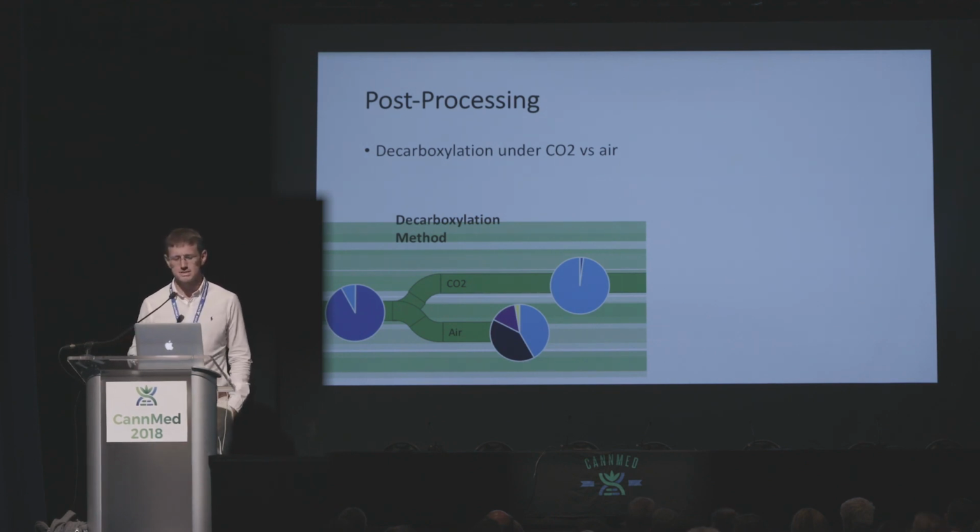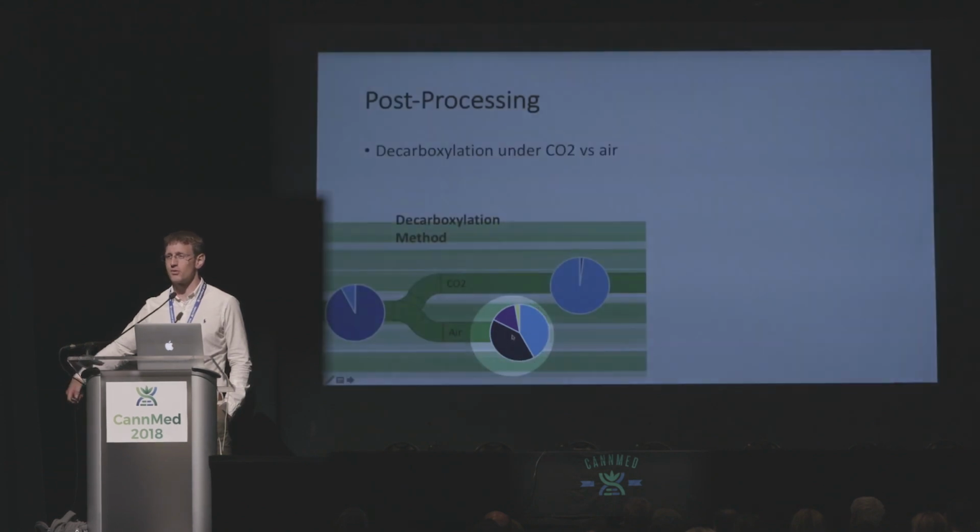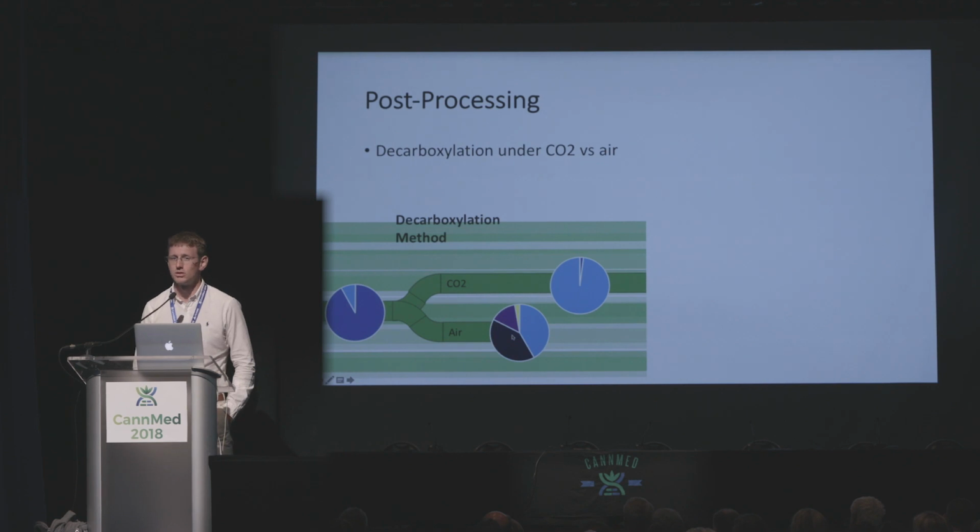But one of the big takeaways was, if you do decarboxylation under air, you have oxygen, you have heat, there's a lot of stuff going on. In my case here, when you do it under air, yeah, you get your THC decarboxylated, but you also get delta 8 THC, there's CBN, and then there is a plethora of stuff that you don't know.